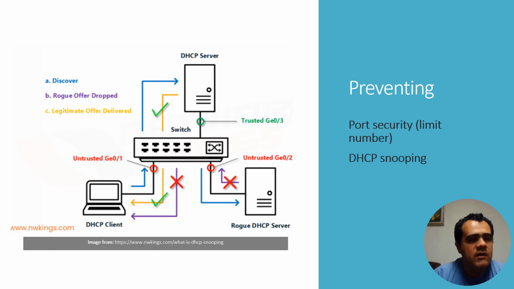I think that this is only for some Cisco devices, but not all of the devices allow us to configure this kind of thing. But this is a good point to try to prevent this attack.